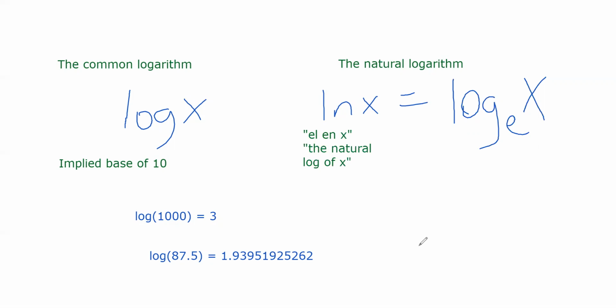Remember, e is a constant in mathematics, kind of like how pi is a constant. Pi is like 3.14159. e is roughly 2.71828. And just like pi, it goes on forever and ever, and it does not repeat a pattern. It's an irrational number.